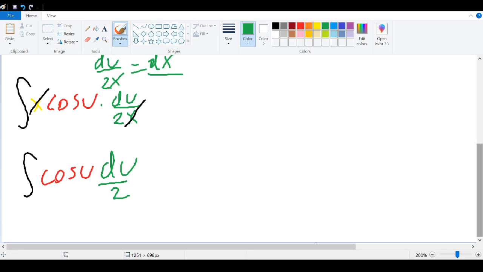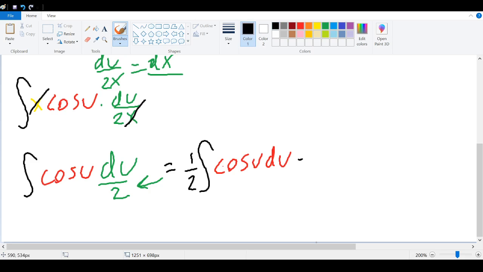But now this 1/2 here, we can just pull that out of the integral because that's a constant. So this is equal to 1/2 times the integral of cosine u du. And we know the integral of cosine u, it must be sine u. So we know that this is equal to 1/2 sine of u.